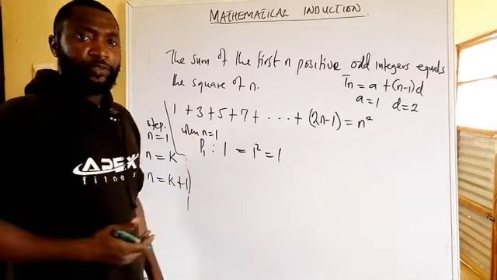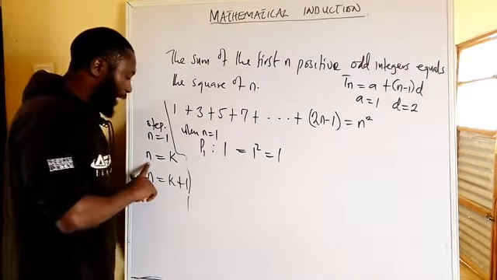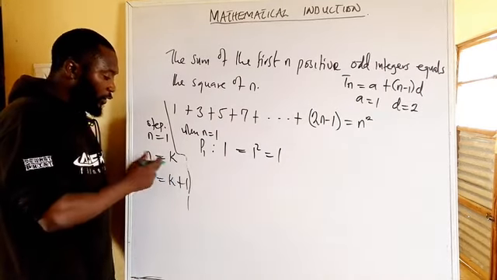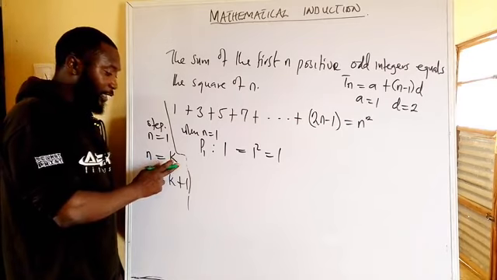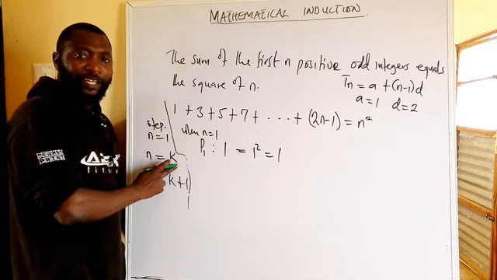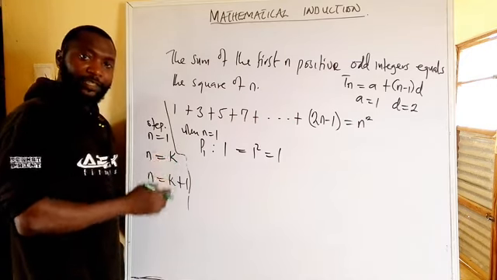Now what do we need to do next? We assume that n equals k. This is very simple. The only thing you need to do here is replace the letter n with k, and you assume that what you get is true.